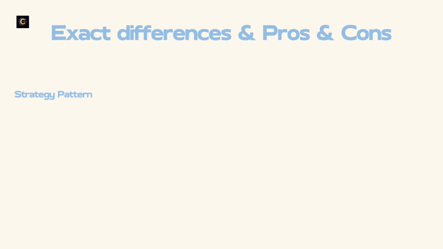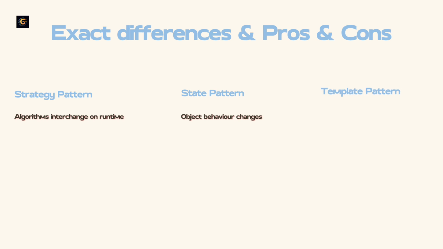Strategy pattern focuses on algorithm interchangeability. The state pattern handles object behavior changes based on the internal state, and the template pattern provides a blueprint for algorithmic structure. Each pattern has its own strengths and weaknesses.